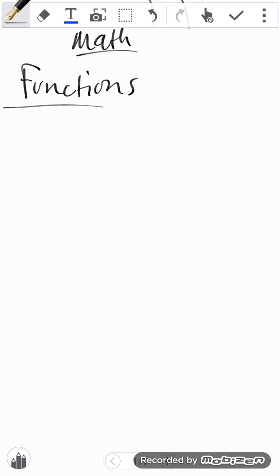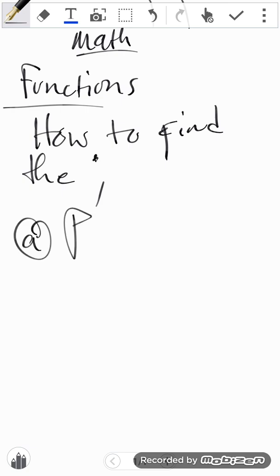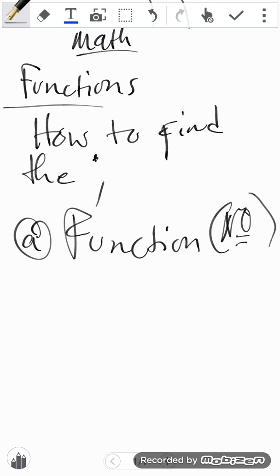So I want us to know how to find the function of a number.